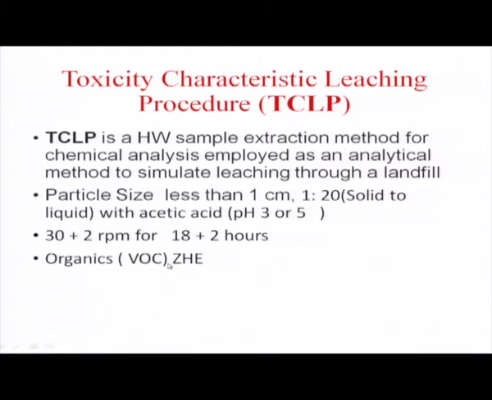There are bottles with zero head space extraction that should be used, that is without any air column in the bottle, adjusted properly, and that should be used for extracting the volatile organic compounds. Otherwise, at the end of the experiment we may lose some volatile organics. So, this is the procedure to be carried out to test whether a particular waste is hazardous or not in terms of toxicity. After this, what to do?